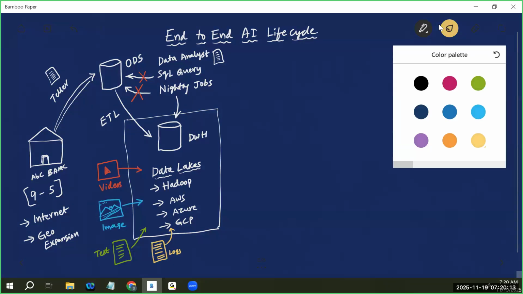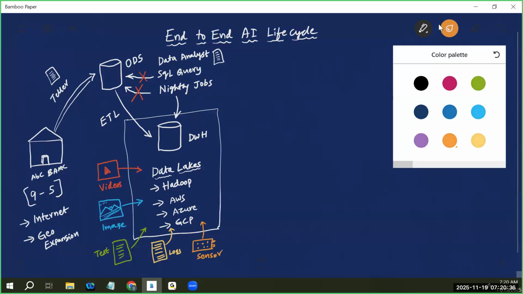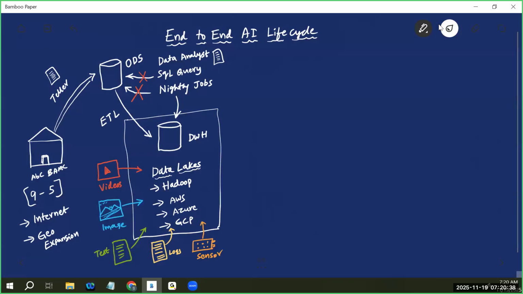You can also store sensor information, for example, some IoT sensors, some documentation which has structured, unstructured, semi-structured data. So all these formats of data are now possible to be stored in central storage.